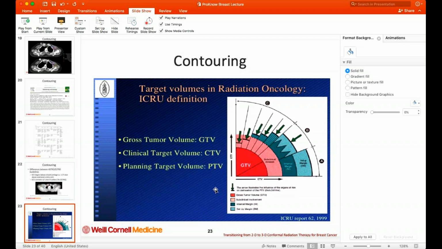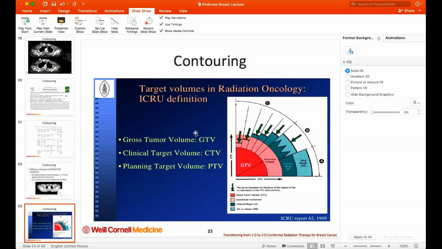In breast cancer, you may have a GTV if someone is coming for palliation because they presented late. But usually, if you're trying to cure the individual, you won't have a GTV. What you'll start out with is a CTV, a clinical target volume.